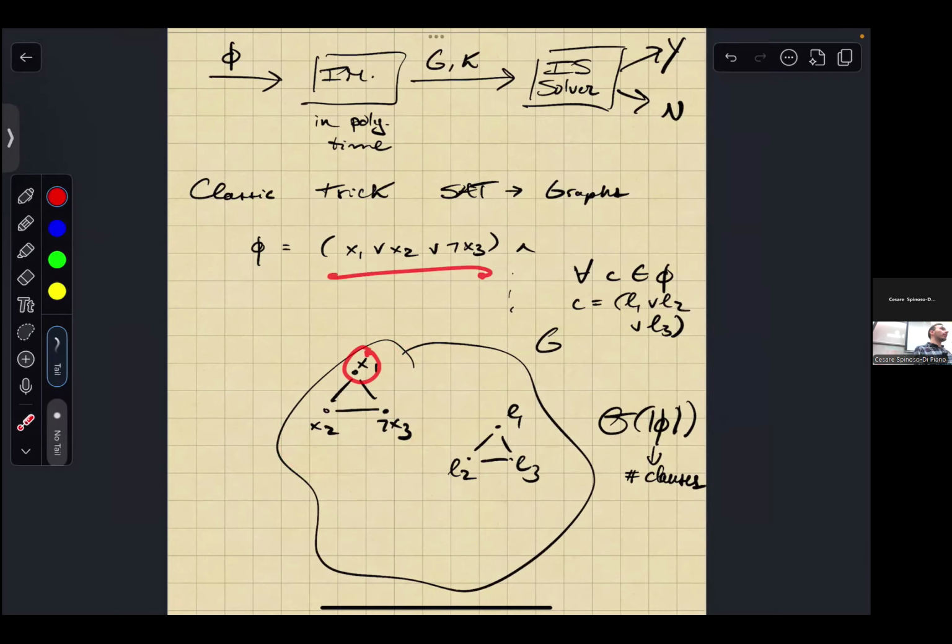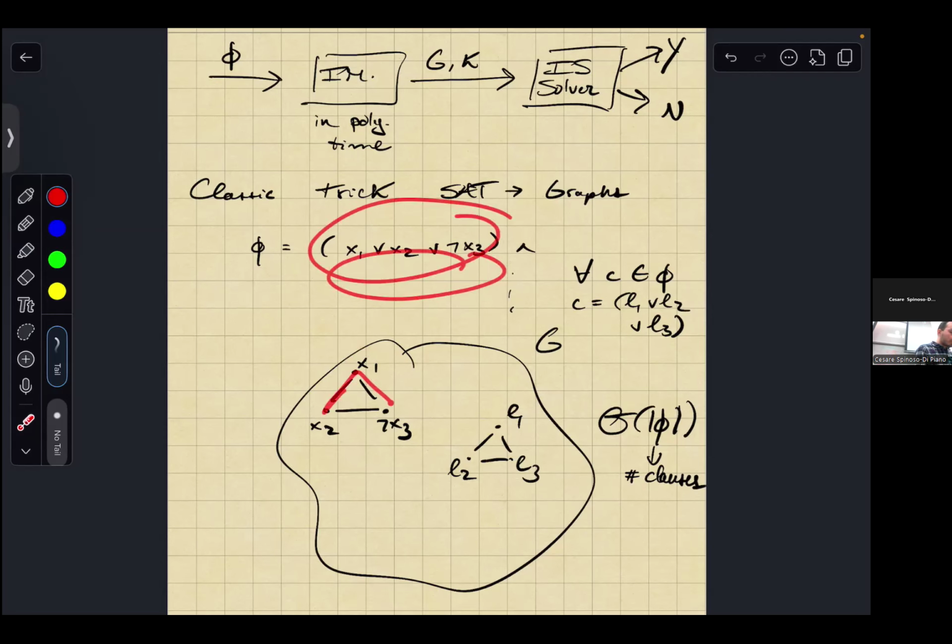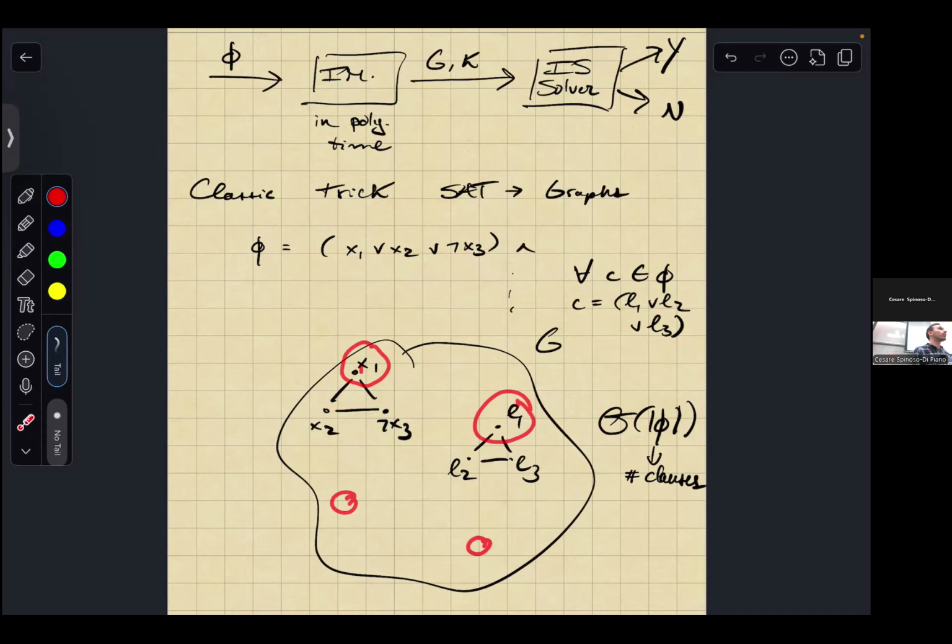That's what I want to do in this conversion. I want to take every clause, put it into a 3-clique, such that the independent set is going to be one vertex from here, one vertex from here, one vertex from the other triangle, one from the other triangle.